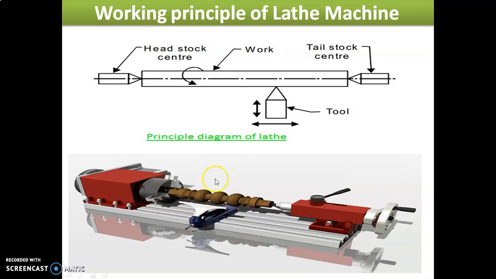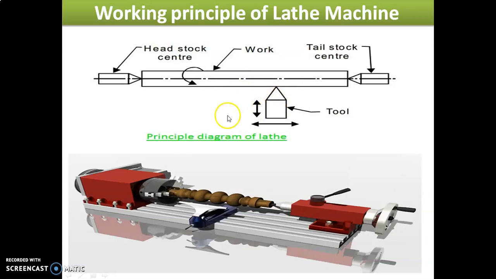Here generally the workpiece is placed in between headstock and tailstock. This is our tailstock and this one is headstock, and this one is the tool. Generally we feed the tool parallel to the axis of the workpiece or perpendicular to the axis of the workpiece.